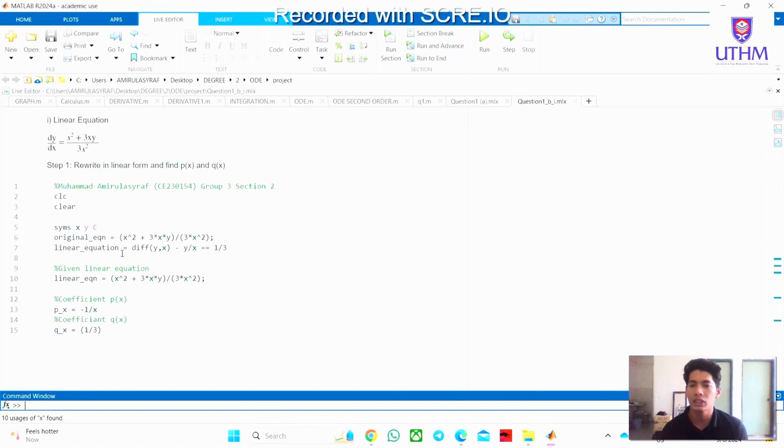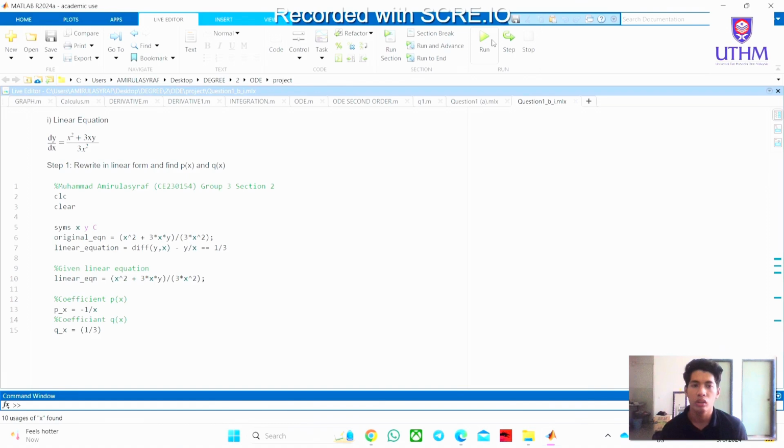So we just insert the equation in our MATLAB: bracket x to the power of 2 plus 3 multiply x multiply y bracket over 3 multiply x to the power of 2 bracket. So we run the MATLAB.